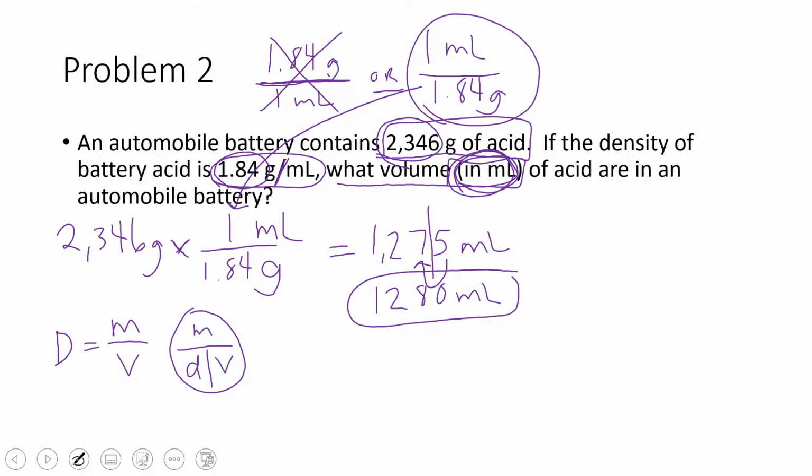And you cover up which letter or which variable you want to find. So in this case, it's asking us to find what volume. So I'm going to cover up this volume. So I'm going to say V equals M over D. Mass divided by density is how we would rearrange this equation.